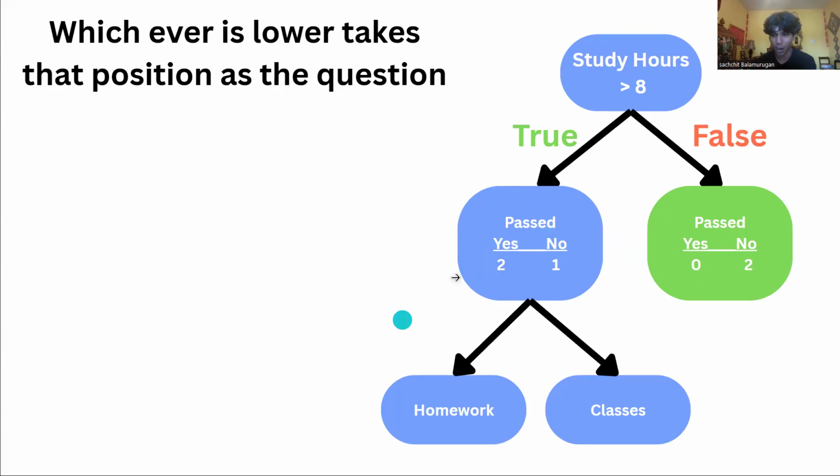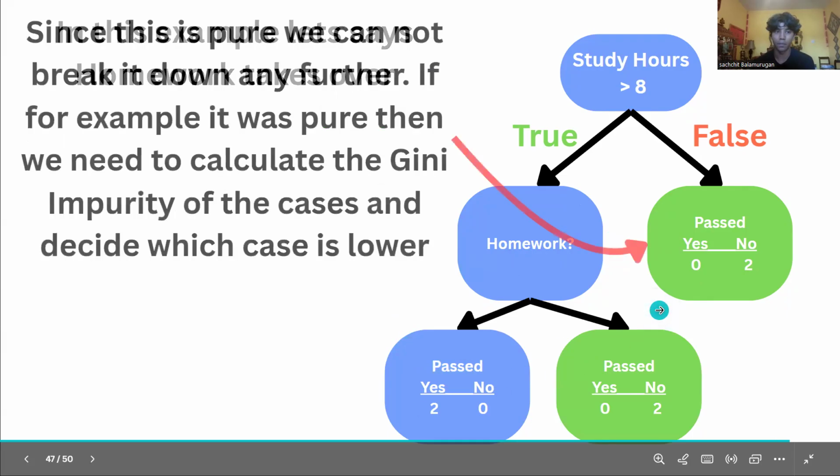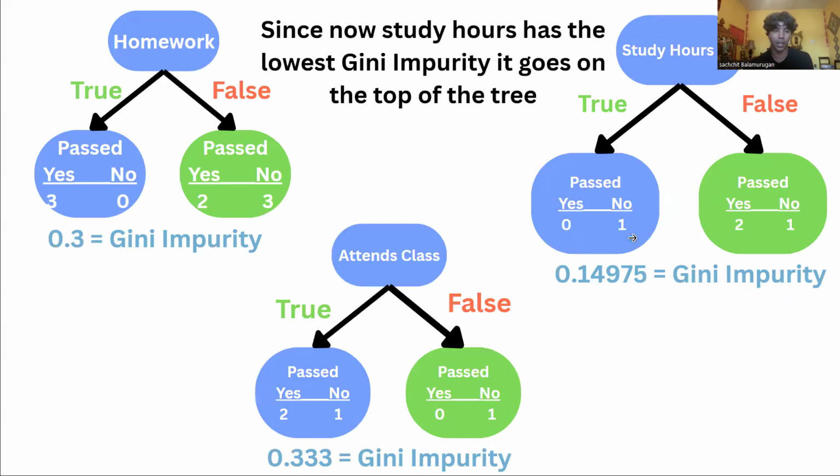So we need to break it down until it becomes pure. And we did do that, and it became pure here, right? So that's why we need to do it that way. And since homework was the second lowest, we just put that there next, okay? In the Gini impurity, if you notice here, homework has 0.3, so that's why it goes next. So study hours is first, and homework is next. Okay, makes sense why I put homework there now?